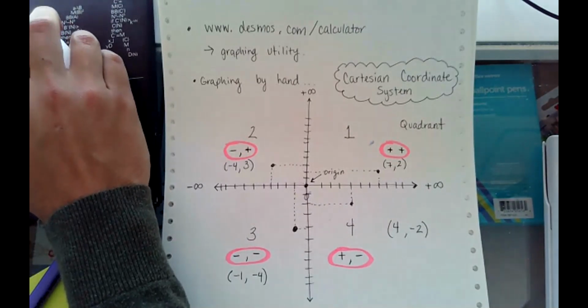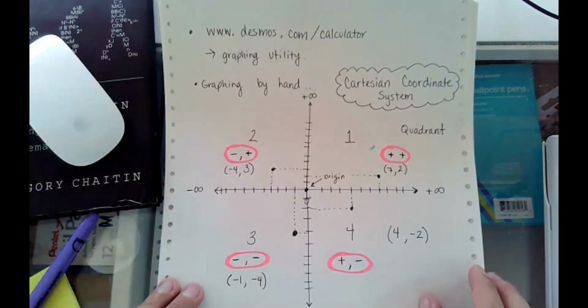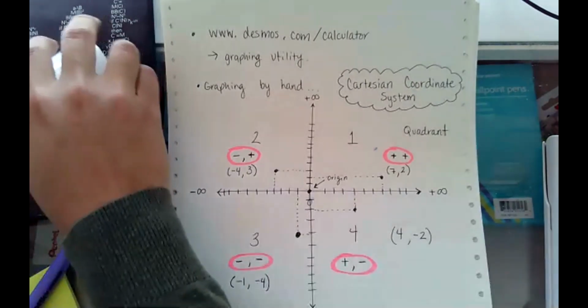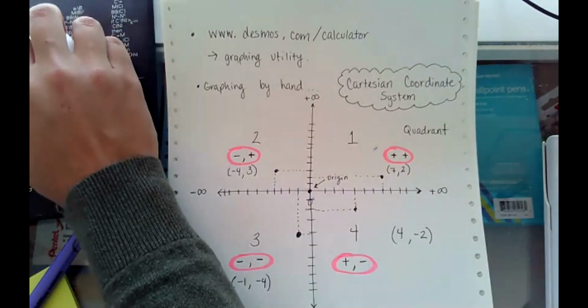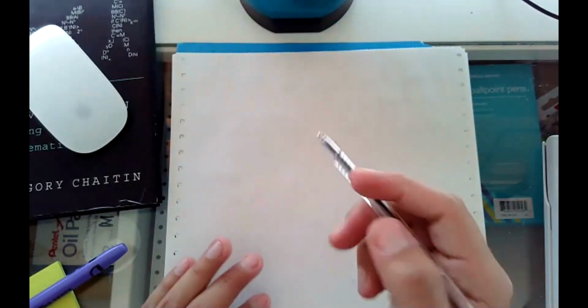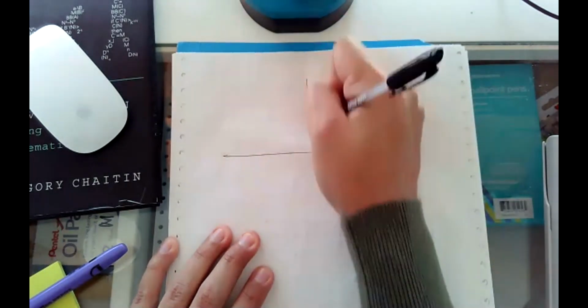Okay, so let's graph another linear equation. Or, let's see. Maybe we need some more practice with getting comfortable with our quadrants. So let's do this. I'm going to draw a grid.